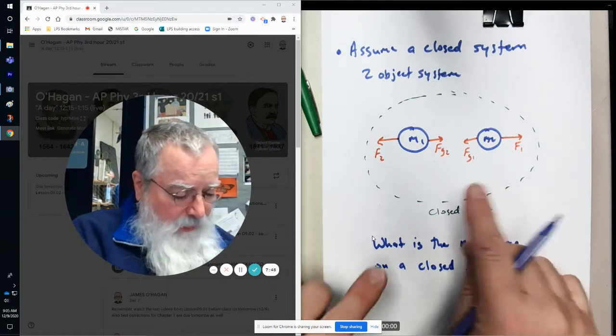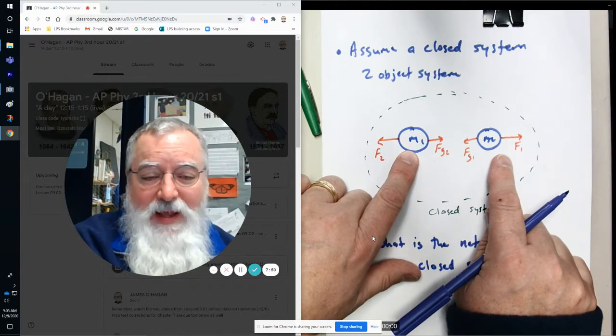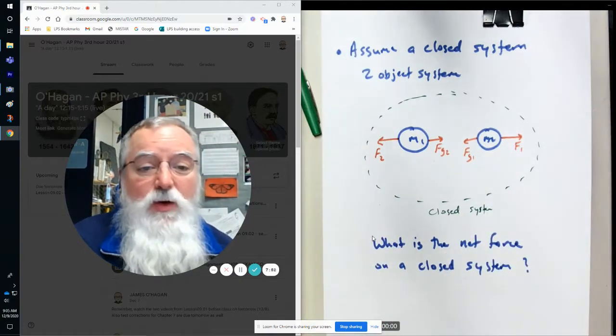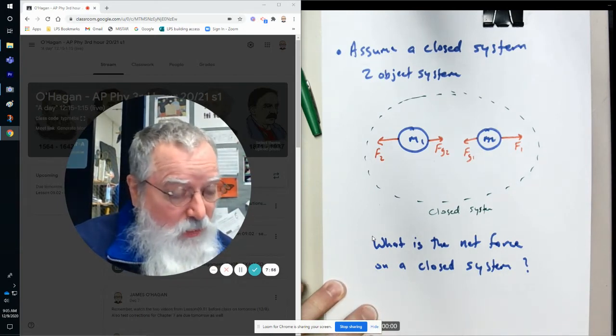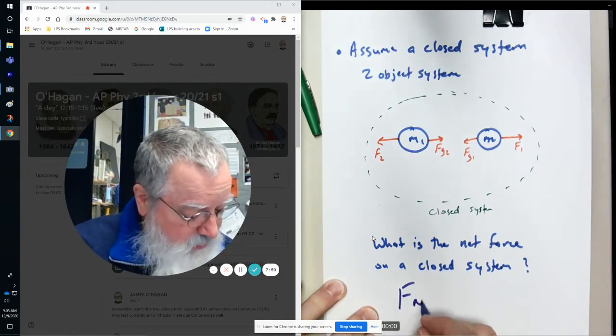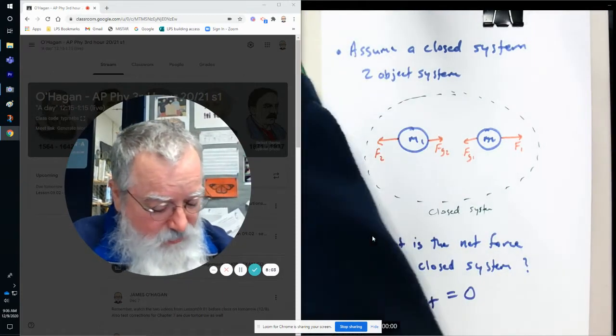Any force you have on mass 1, there's going to be an equal and opposite force on mass 2, and for the system, they're always going to cancel each other out. So for a closed system, remember, this is only going to be true for a closed system, the net force is equal to 0. All right, and I'll write this in red.